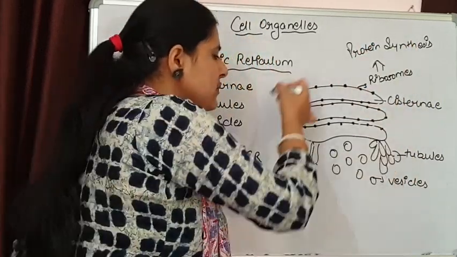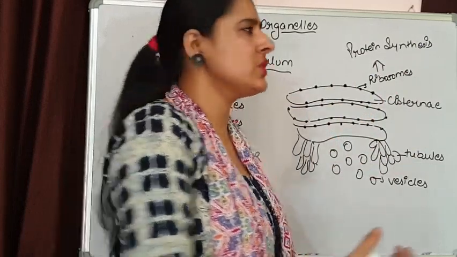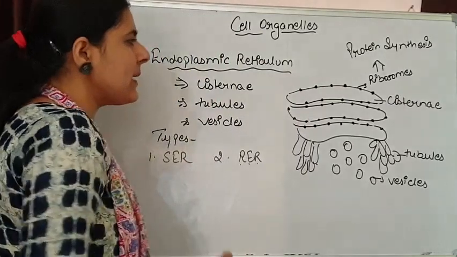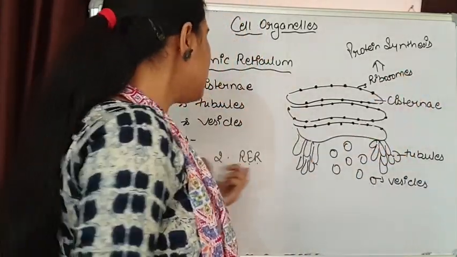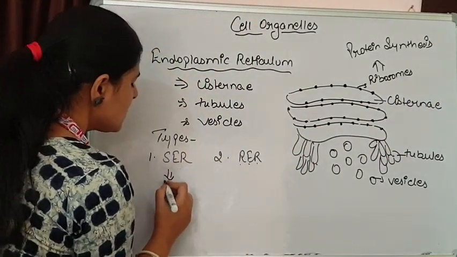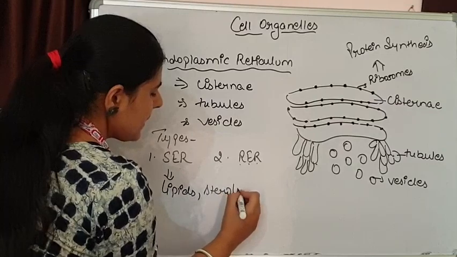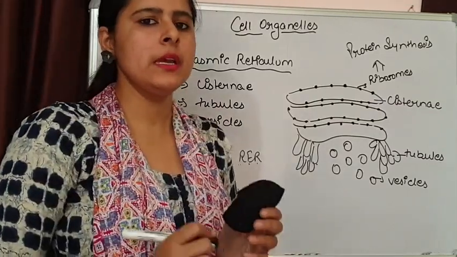So rough endoplasmic reticulum will be more present in those types of cells which are involved in maximum protein synthesis. While smooth endoplasmic reticulum does not have ribosomes on its surface, so it is involved in the synthesis of lipids and sterols. These are the functions of smooth endoplasmic reticulum.